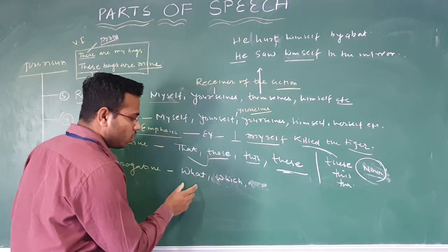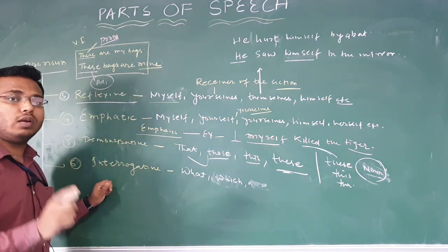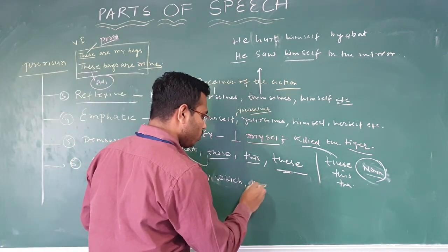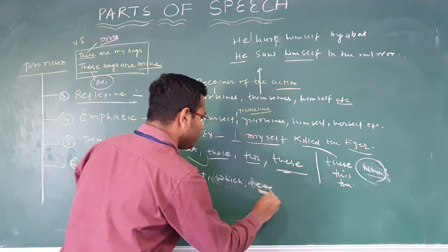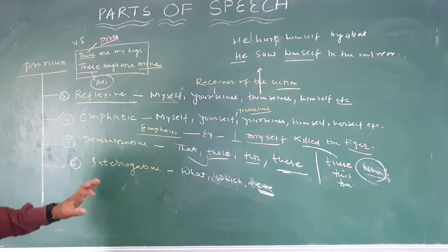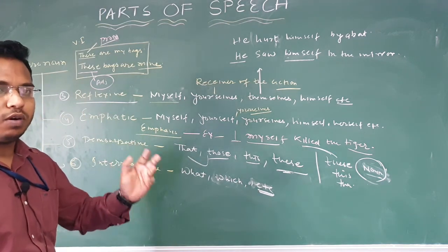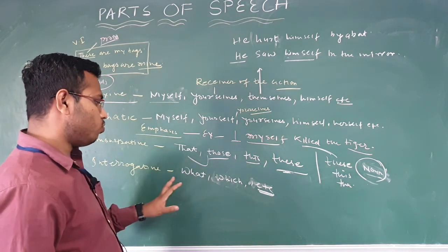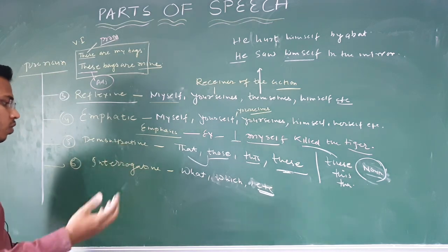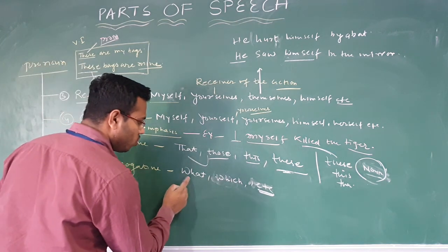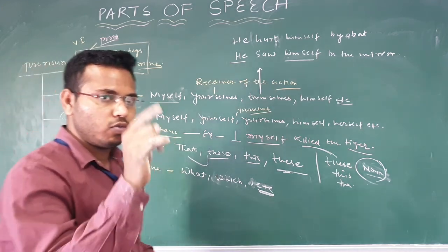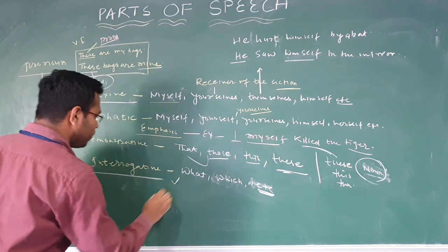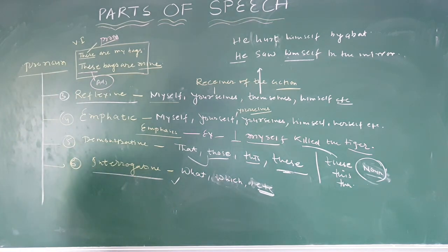Some of the same words are also present in interrogative adverb, but I will explain when those words come, because otherwise it will be difficult. So interrogative pronouns are words which inquire of something. For example, what is your name? In this sentence, if you underline what, this word is a pronoun.